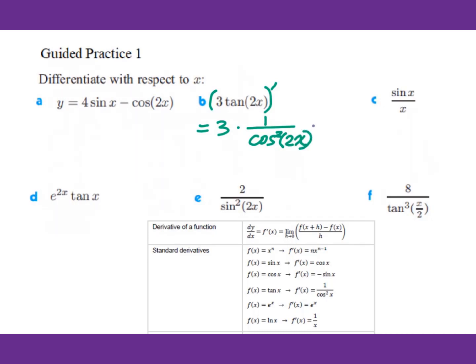Then using the chain rule, you do the derivative for this 2x, that is 2. We organize, you will get 6 over cosine squared 2x.